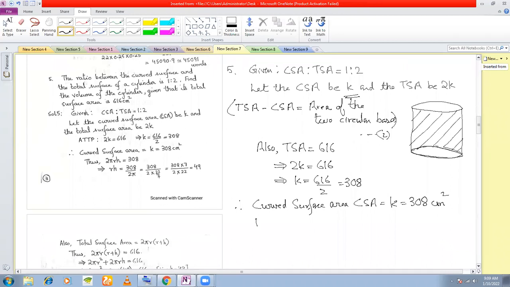Therefore, from 1, what can you say? The total surface area, which is 2K. Let's write the figures. Total surface area is 616 minus the curved surface area, which is 308, is equal to what is the area of the two circular bases?